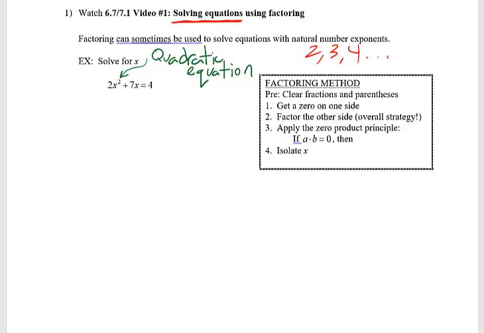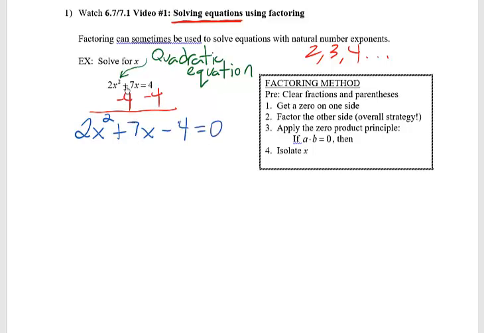Or another way to say that is move all the terms over to one side so there's nothing left on the other side. In this case, that would mean subtracting 4 from both sides. I don't believe we've ever had that as a starting step in solving an equation. That would give me 2x squared plus 7x minus 4 equals 0.